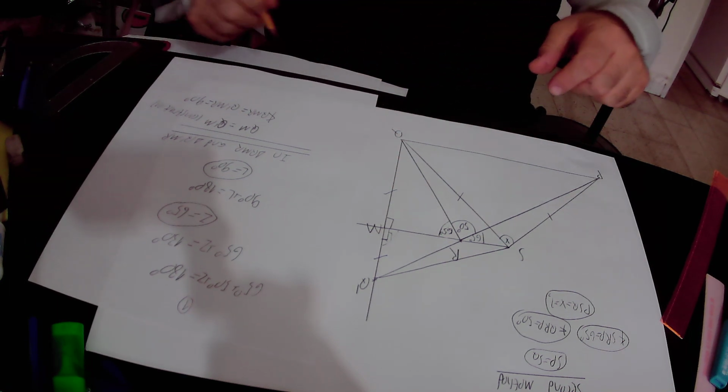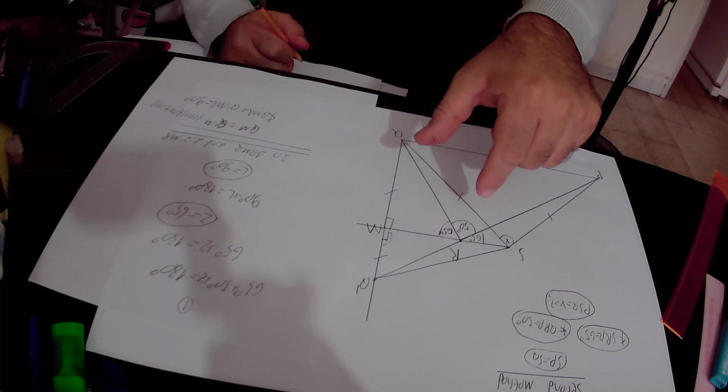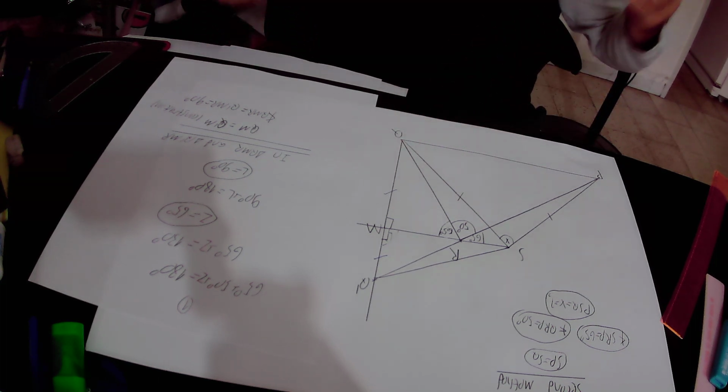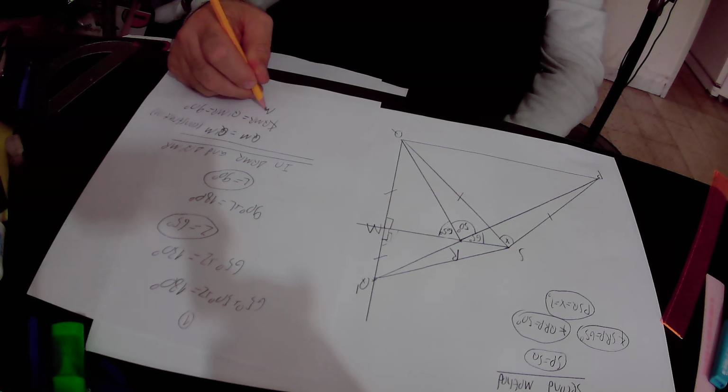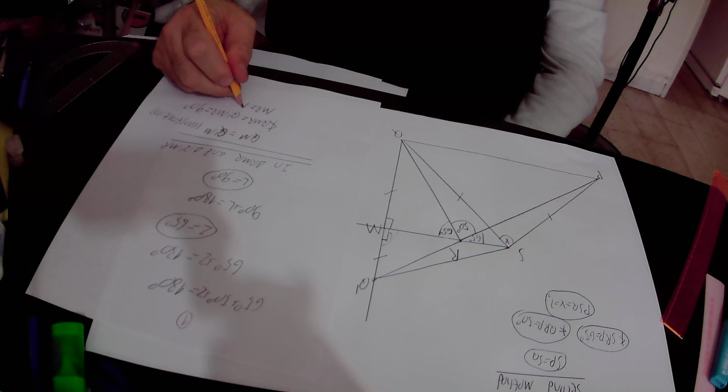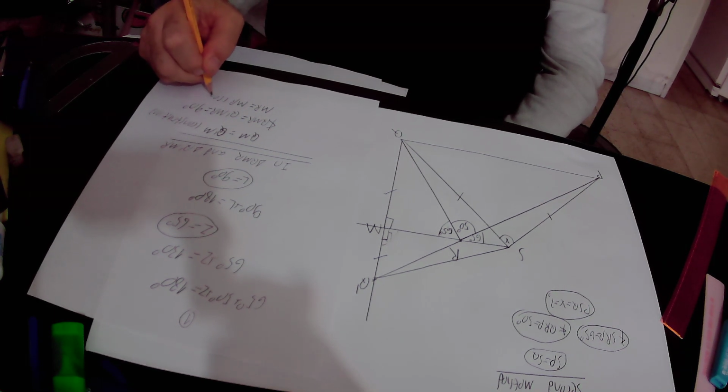And actually MR is a common side, it belongs to both triangles. So we can write down that MR equals MR as a common side that belongs to both triangles.